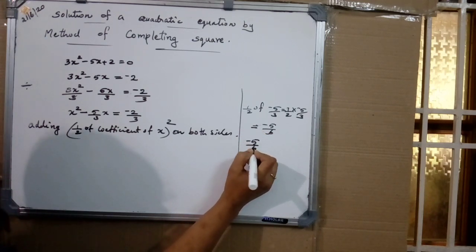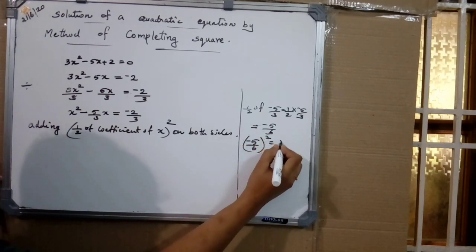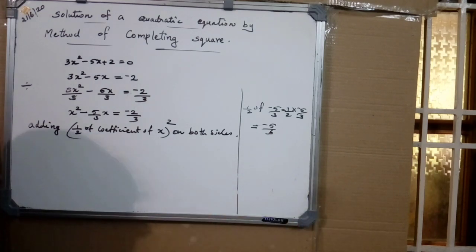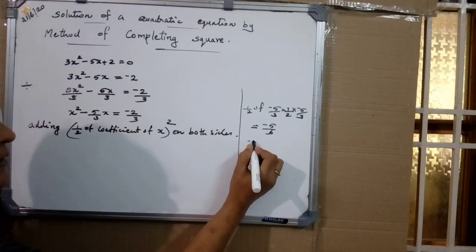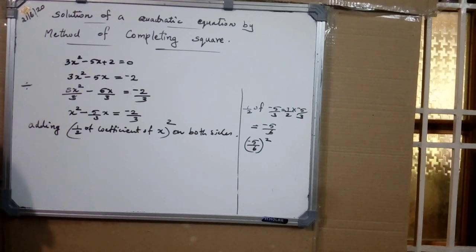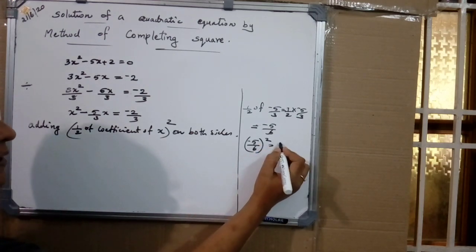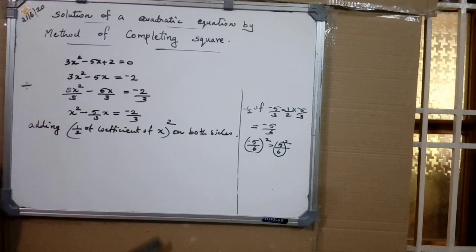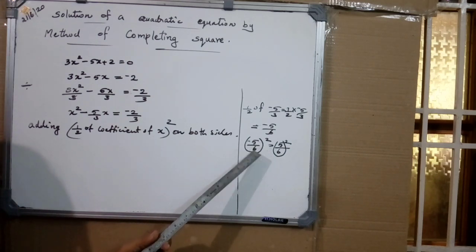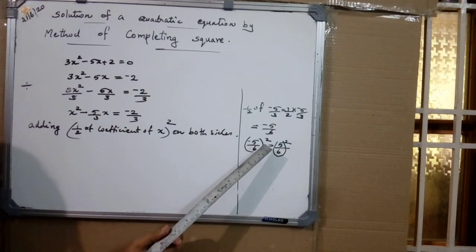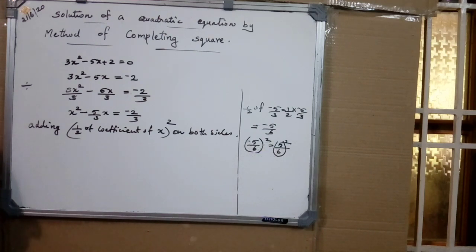Now we square that number, minus 5 by 6 whole square, that is 25 by 36, or we can write it as 5 by 6 the whole square. When you square a negative number, that will be positive always. Then we need to write only 5 by 6 whole square.